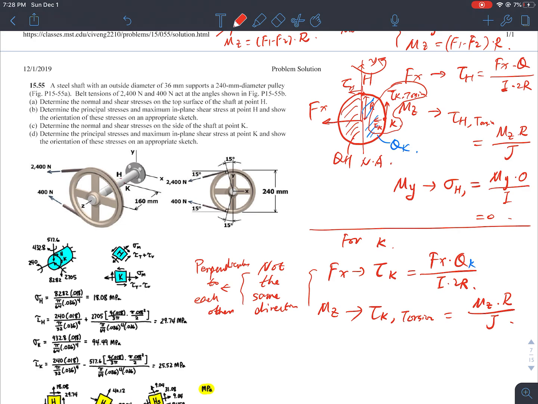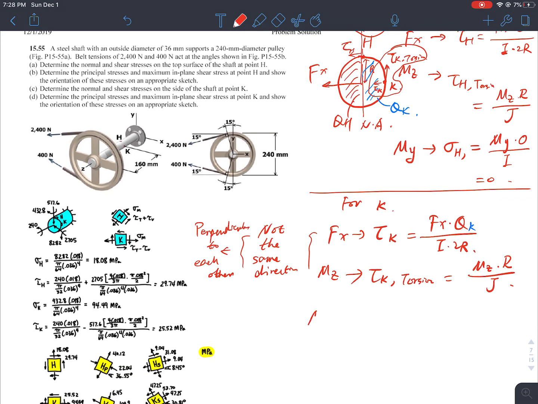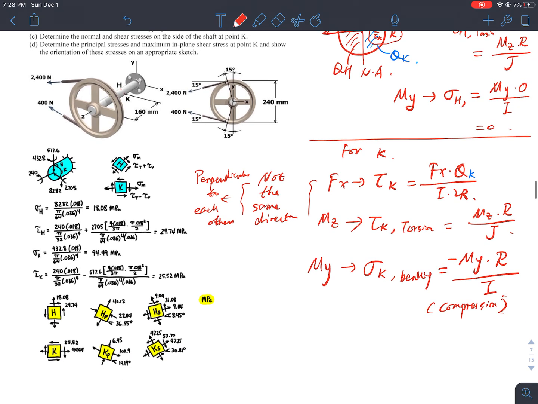They are perpendicular to each other. Different shear stresses. However, the bending stress for K will have values, and that is this. And it's actually in compression.